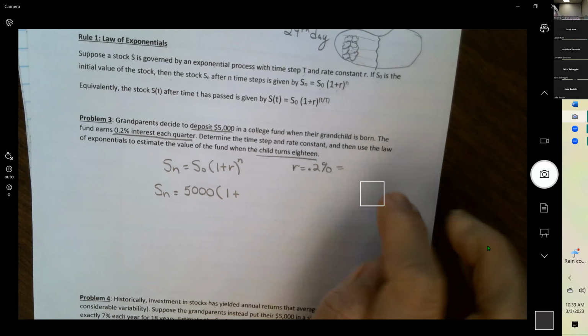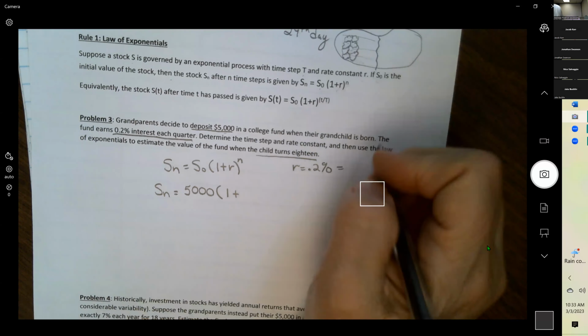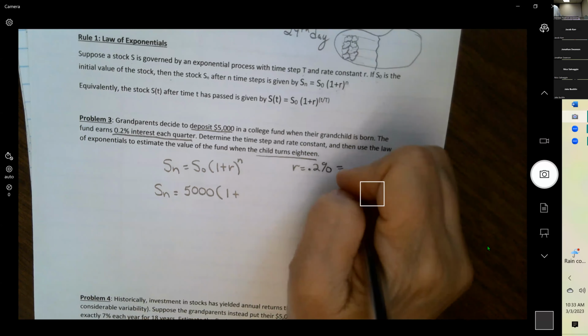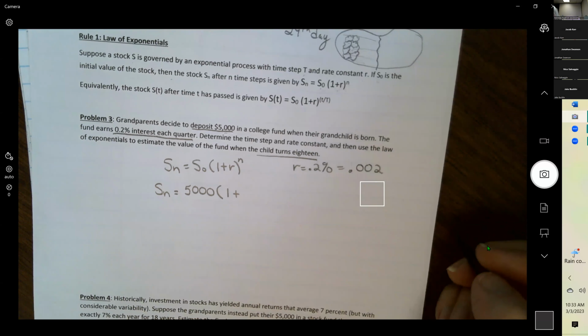When you are plugging r in, you need the decimal, so divided by 100, move the decimal to the left 2.